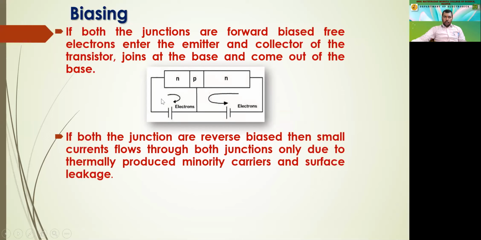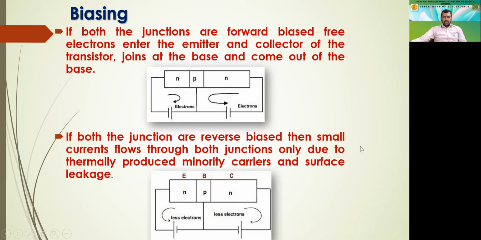Both the currents are going to flow, and electrons will move like this. If both the junctions are reverse biased, then small currents flow through both the junctions only due to thermally produced minority carriers and surface leakage.